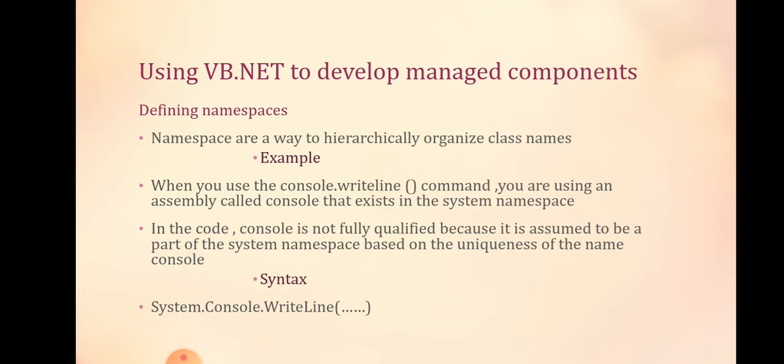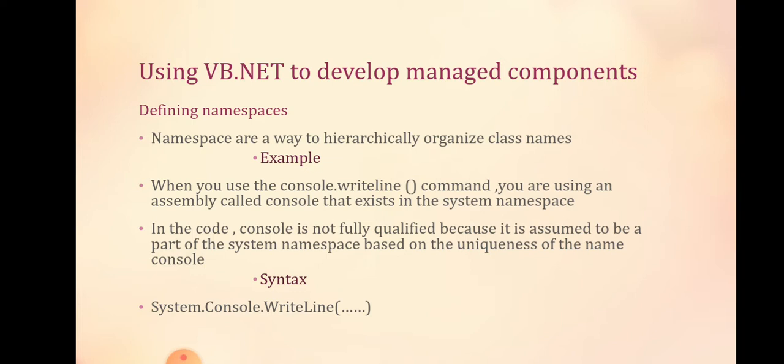Here Console is an assembly which exists in the namespace System. What is Console? In the namespace, Console is an assembly which resides inside the System namespace. Got it? In the code, Console is not fully qualified because it is assumed to be a part of the System namespace based on the uniqueness of the name Console.